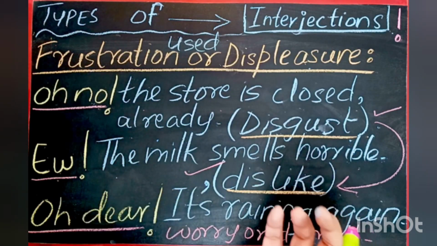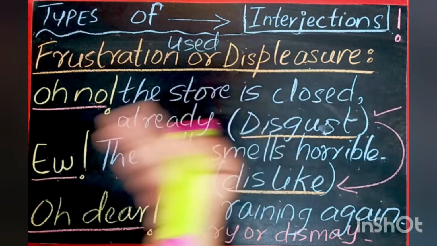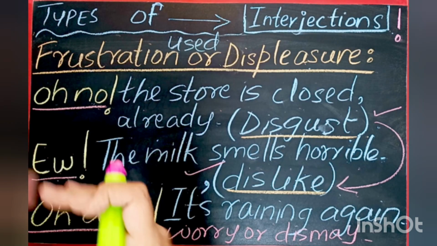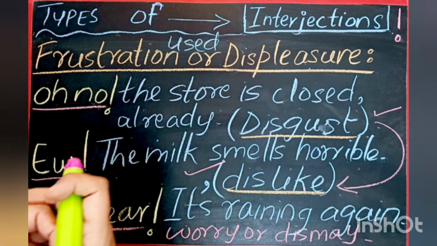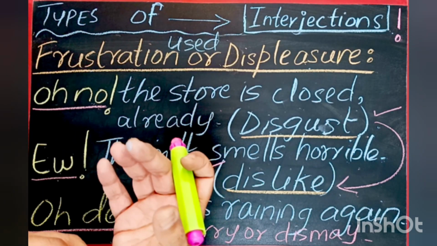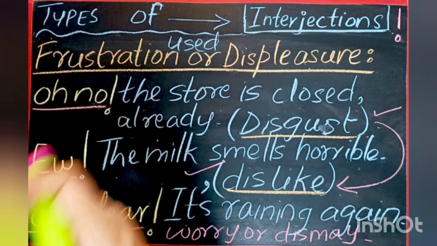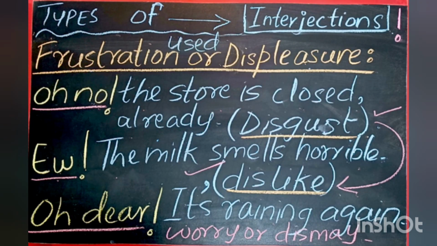Okay, because we have to do work, and when we want to go out for work and it's raining, we cannot go outside. So that's why the sentence is showing the emotions of worry and dismay, that oh no, it's raining again, so we cannot go outside for work.